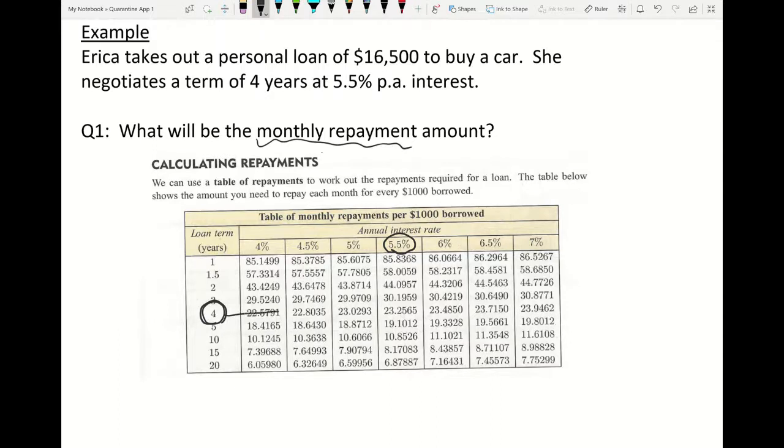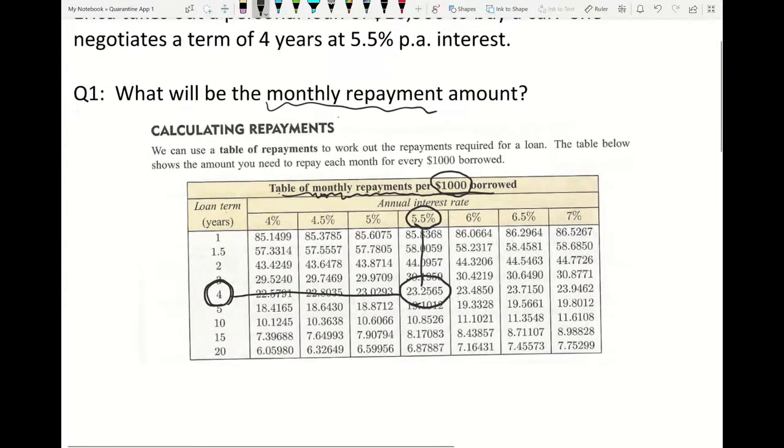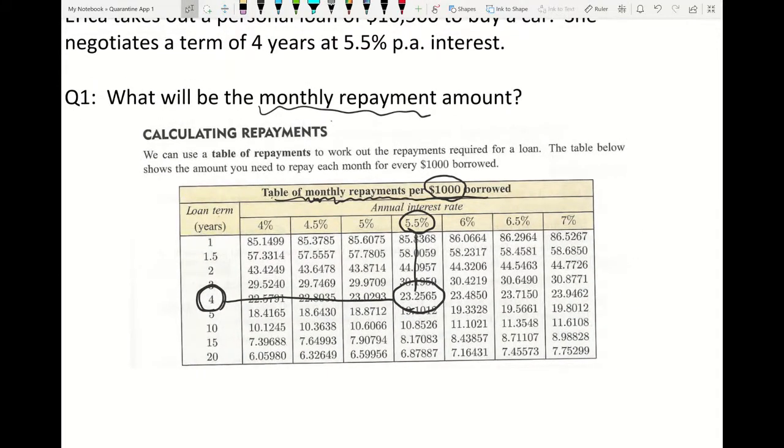So if you look at it, you come up with this number, 23.2565. It is the amount that you pay monthly for every $1,000 you borrow. Okay, so basically the monthly payment is $23 if you borrow $1,000.